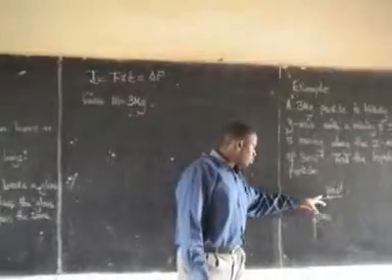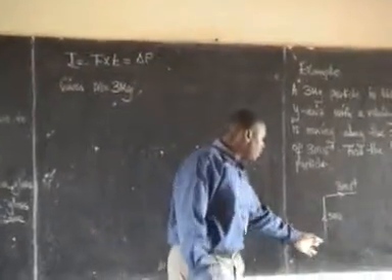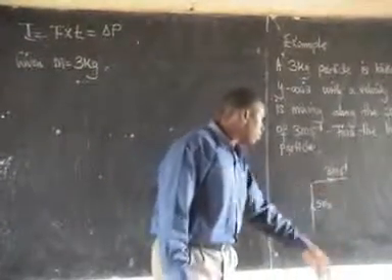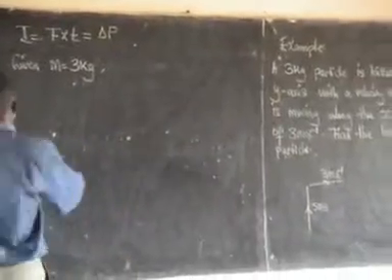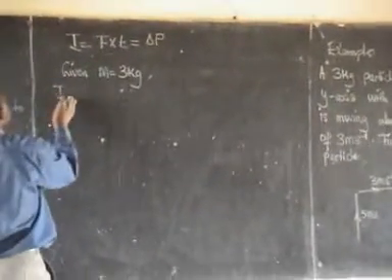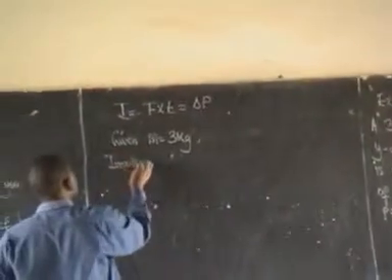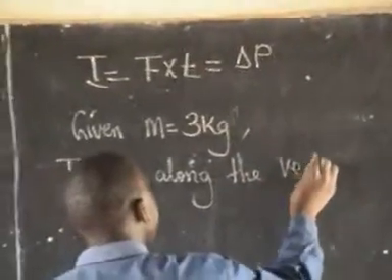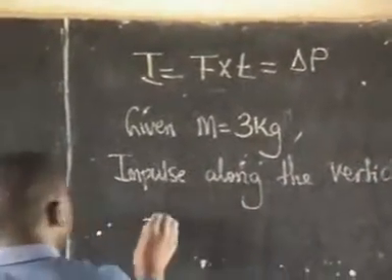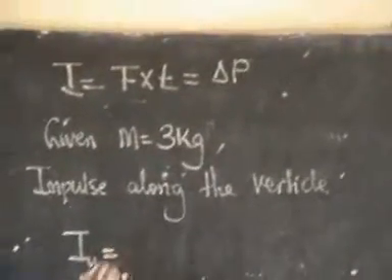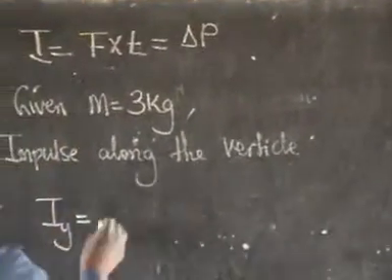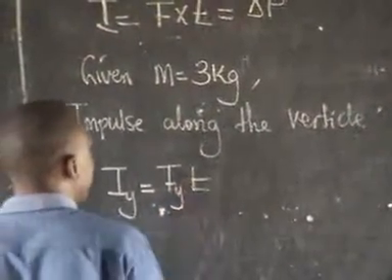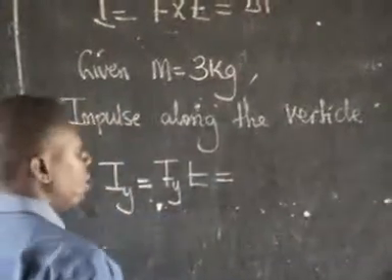So we are going now to split the impulse. We are going to find the impulse along the vertical, and also look at the impulse along the horizontal. Impulse along the vertical, if I call it Iy, will be equal to Fy t, and this will be equal to the change in the momentum.